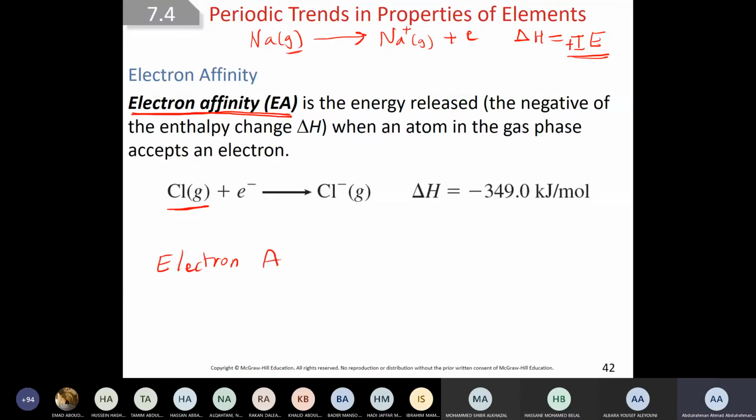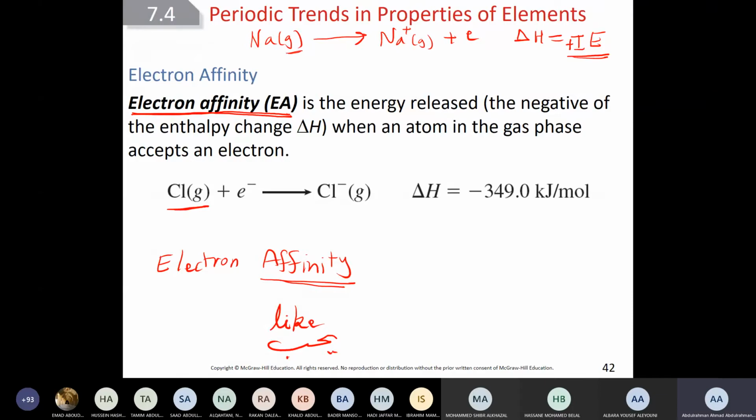Electron affinity. What does affinity mean? Affinity means to like something. I can say, I have affinity to ice cream.